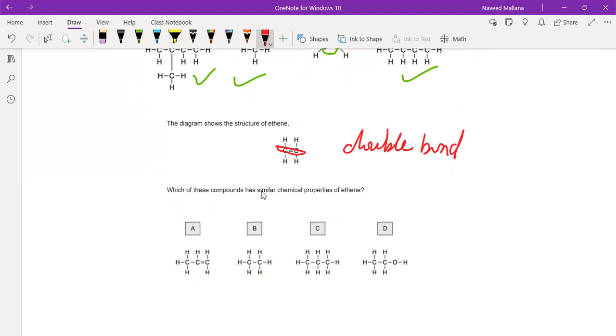Which of these compounds has similar chemical properties to ethene? Does this compound have any double bond? No. Does this? No. Does this? No. Then this compound has double bond. So both of these compounds belong to same homologous series, and if they are from the same homologous series, they both have same chemical properties.